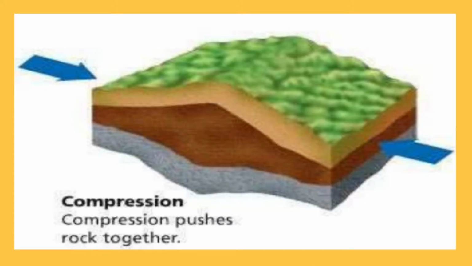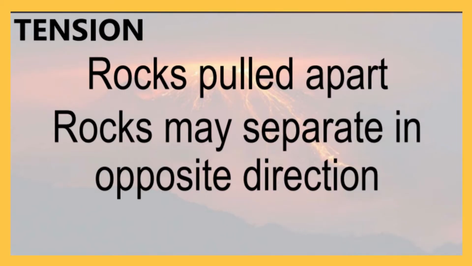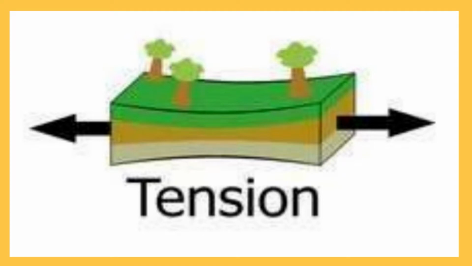To understand it more, it seems like the rock is being compressed, pushed against each other to create rock together. The second one is tension. Tension is where the rocks are pulled apart and may separate in opposite directions. It seems like the pulling of a particular rock away from each other.